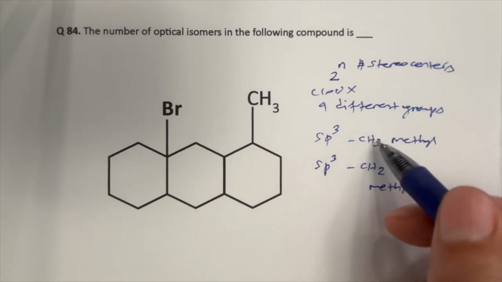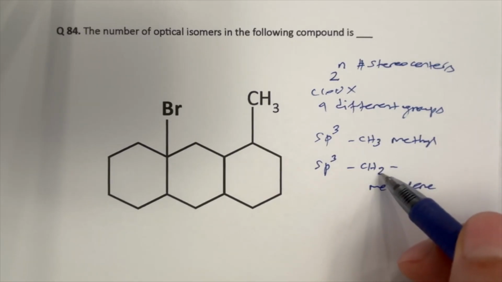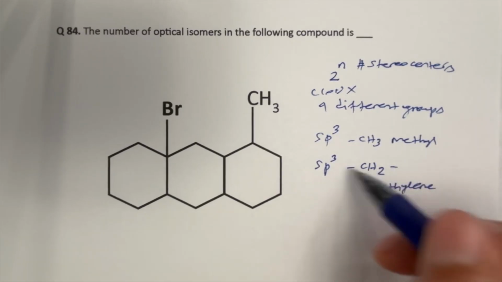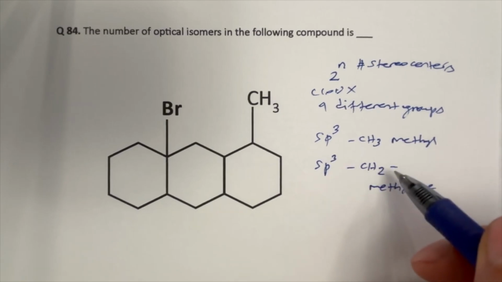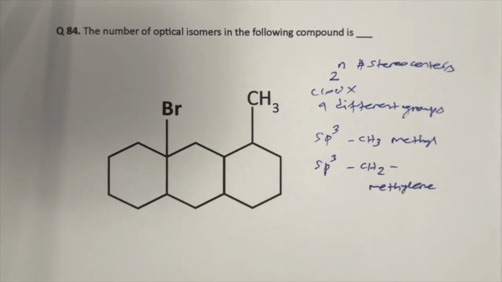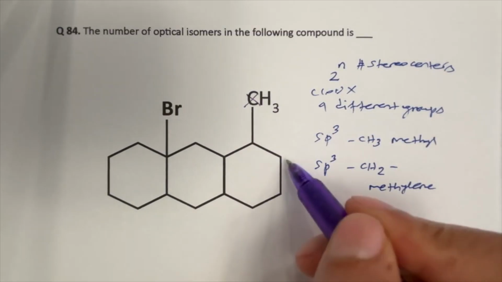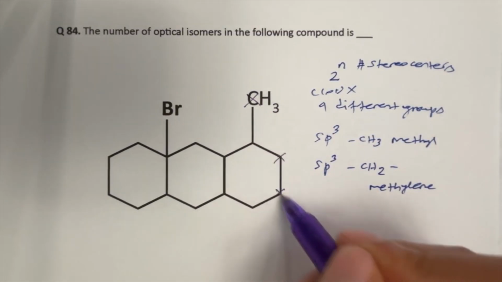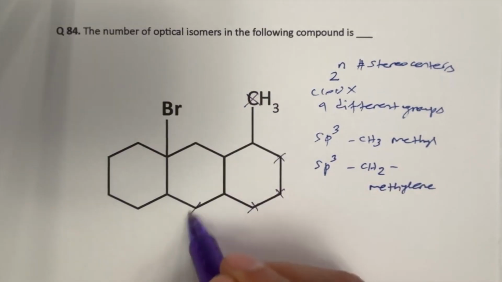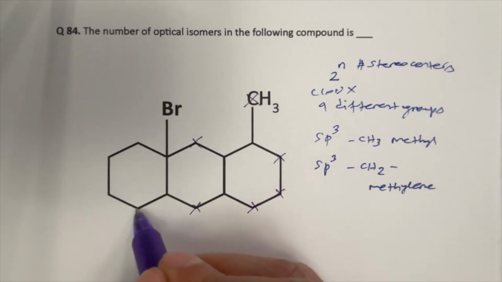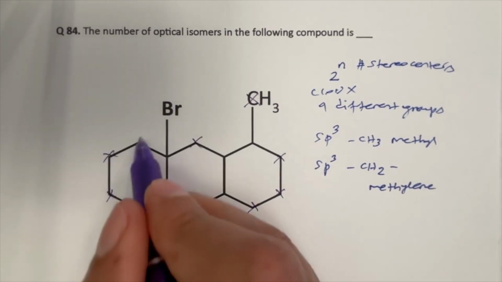So, it would be 2 different groups. Here we have 2 hydrogens. So even if it is attached to 2 different units, it will be 3 different groups, and therefore these things we can eliminate. So methyl group here, let's eliminate that. CH2 here, CH2, CH2, CH2, CH2, these are all CH2.